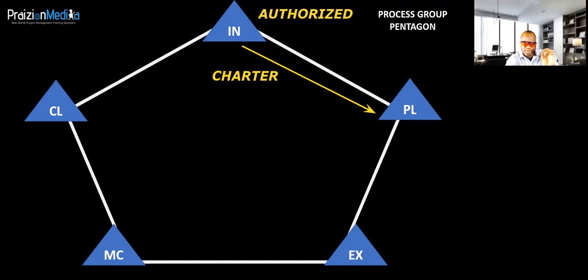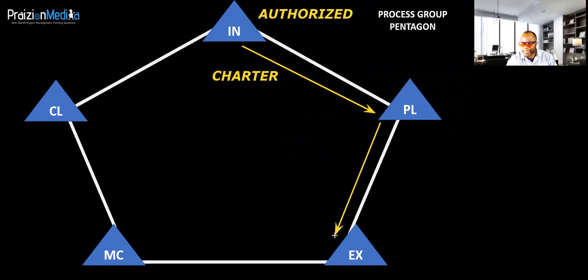The project is authorized as a charter that explains at a high level what the goal is, what the target is, what the success criteria is. And based on the charter, you can begin planning all manner of plans: schedule, scope, cost, quality, resources, communications, risk, procurement, stakeholder, all of that stuff, everything.